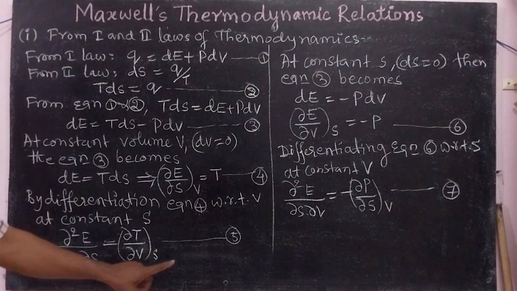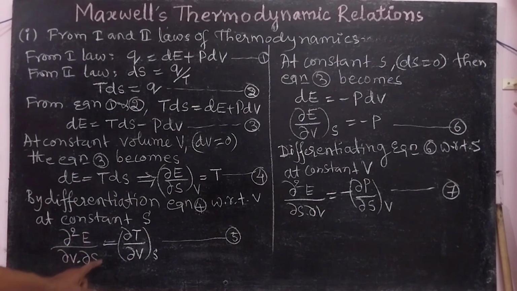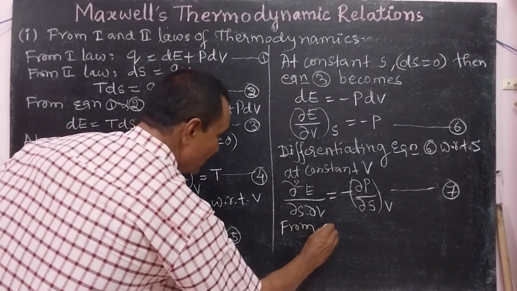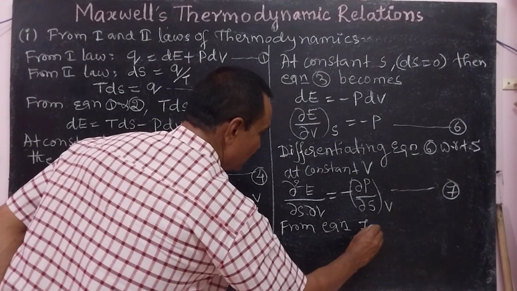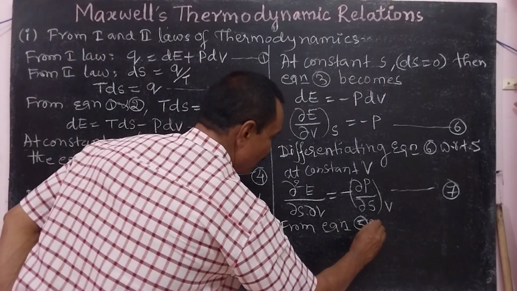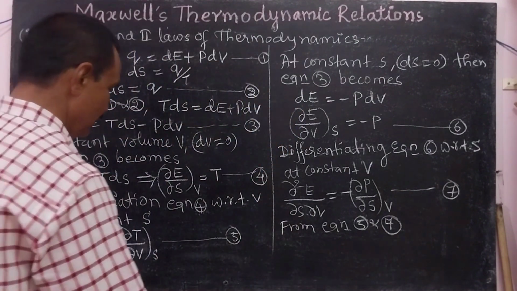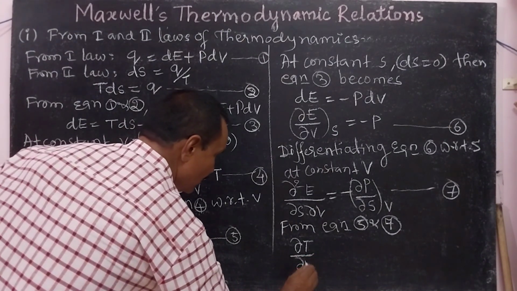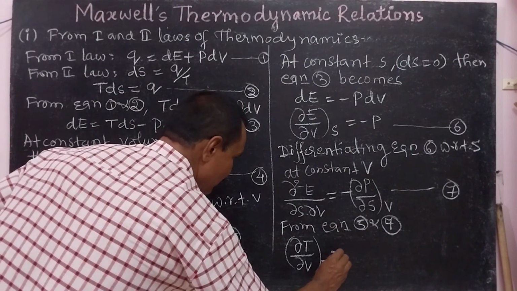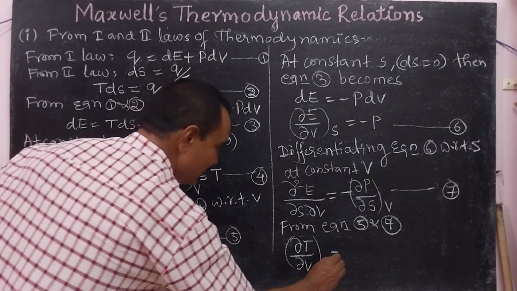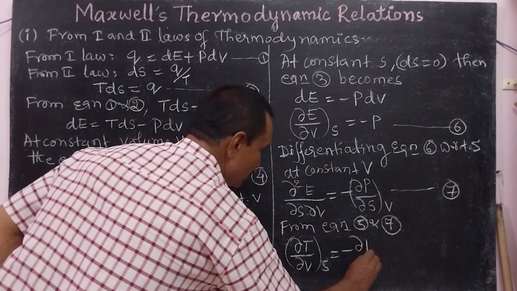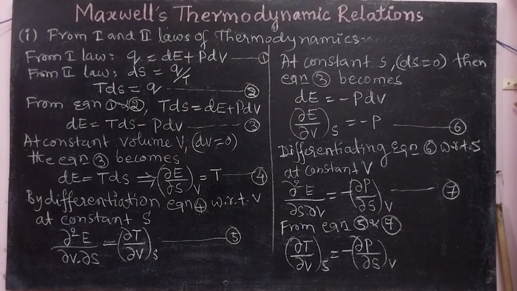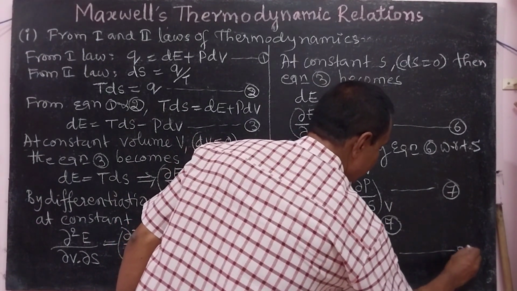Now equations 7 and 5 are similar, meaning the left hand sides are the same. From equations 5 and 7, we get dou T divided by dou V at constant S is equal to minus dou P divided by dou S at constant V. This is equation 8.